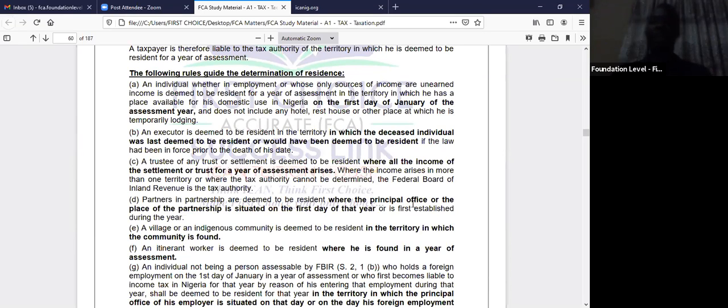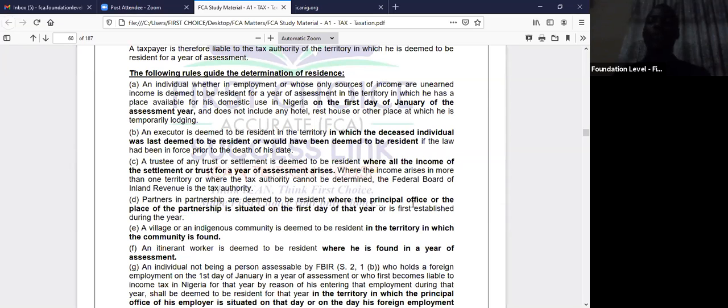Let me give you an example. Let's say Mr. XYZ, okay, was deemed to be resident in Lagos, but maybe he died in Abuja and they have been selling his properties in Port Harcourt.